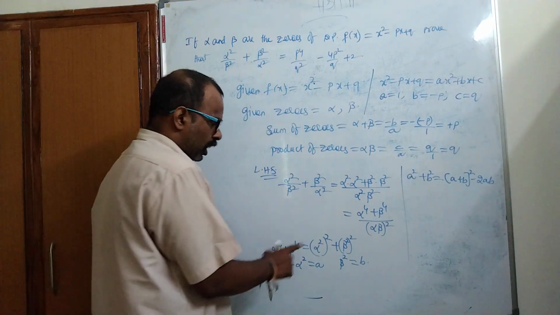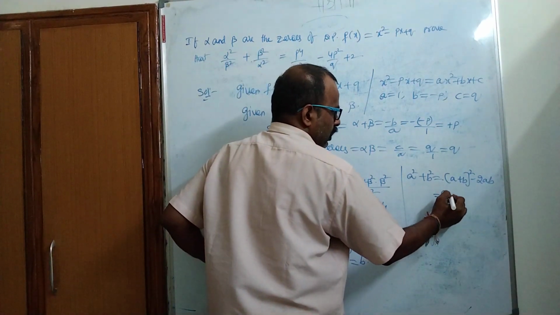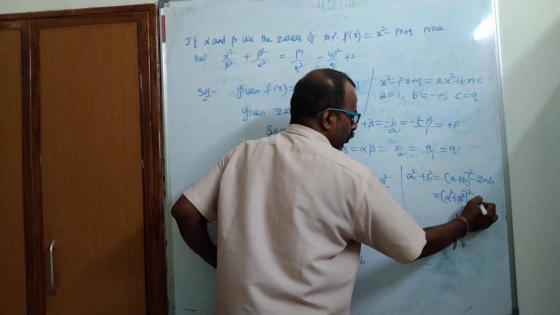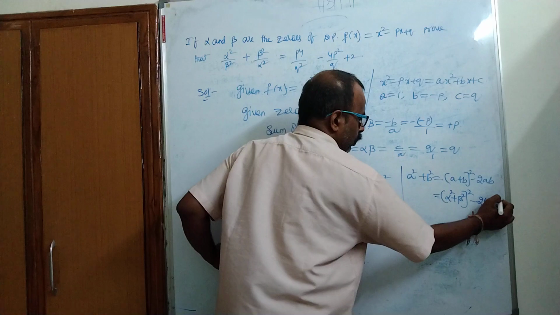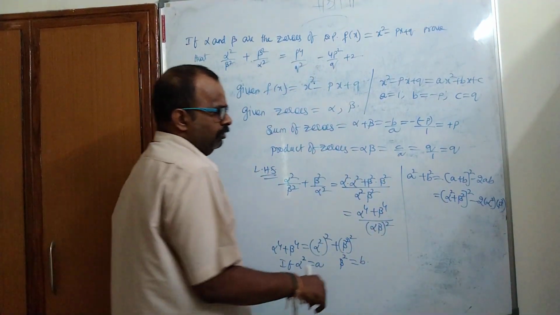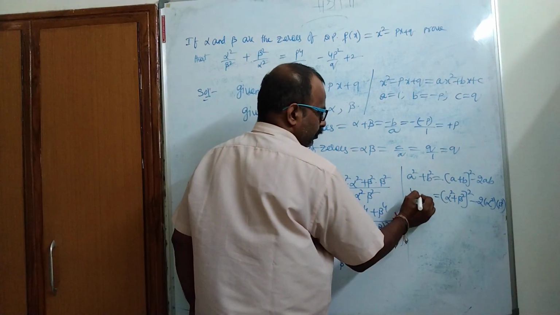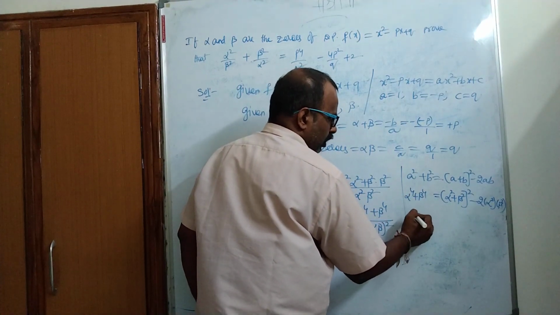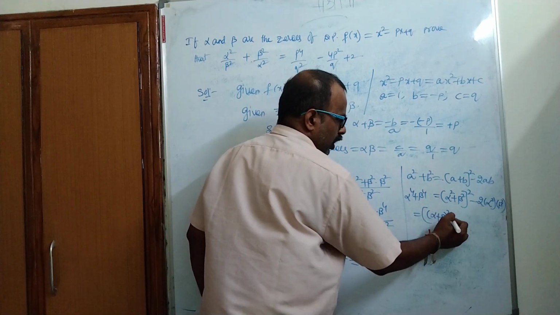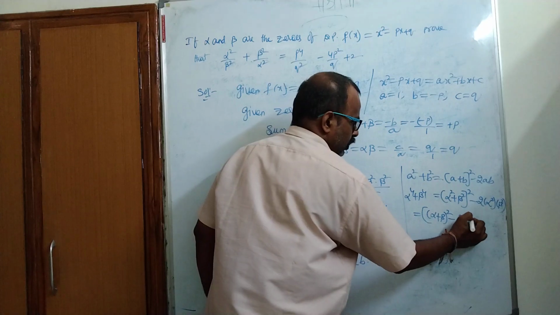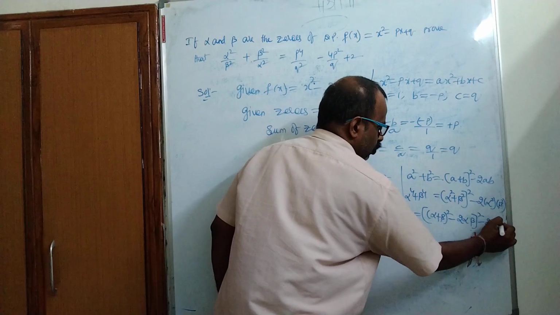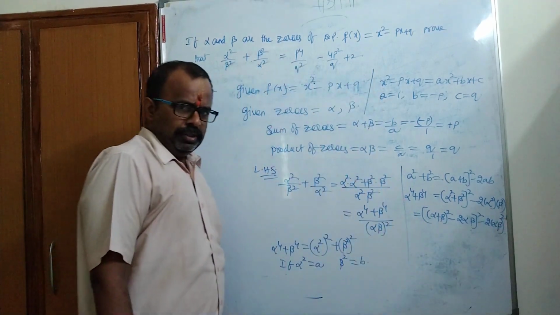So here a plus b is alpha square plus beta square, whole square, minus 2 into alpha square into beta square. Again alpha square plus beta square is alpha plus beta whole square minus 2 alpha beta, whole square, minus 2 alpha beta whole square.